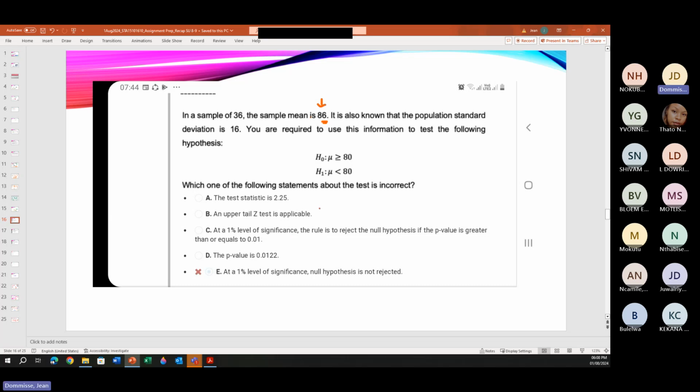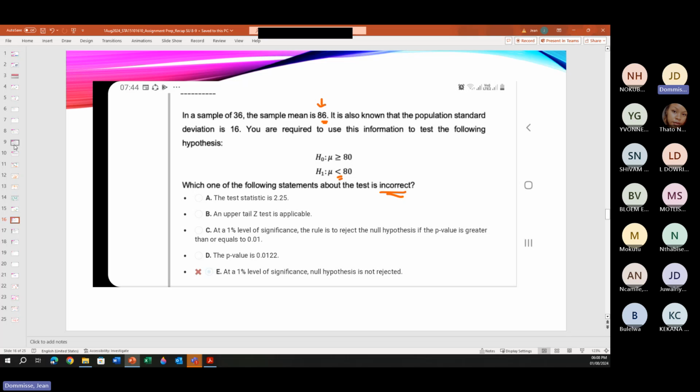So before we work out any of these, let's quickly just check what might be right, what might be wrong before we even work out. So T-stat, we will need to work out, so we'll get to that. Then they said an upper tail Z test is applicable. Okay, so if I look at that, that tells me it's smaller.